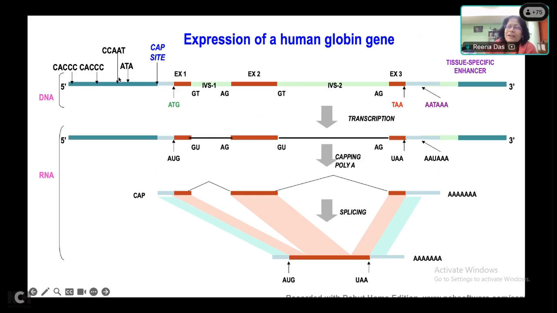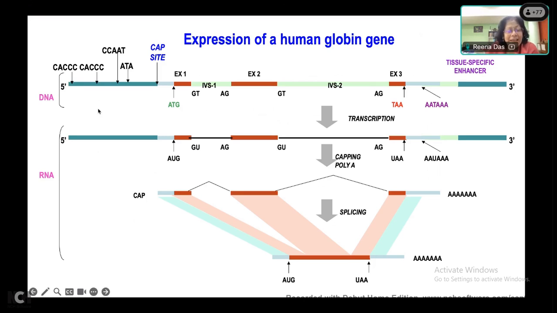So very typically, you would have remembered that we say that we have the TATA box and things like that. So in the globin chains, there is no TATA box, but we have an ATA box. And this is just a nomenclature which is given. The promoter sequences will have a CCAAT, triple C kind of a location.